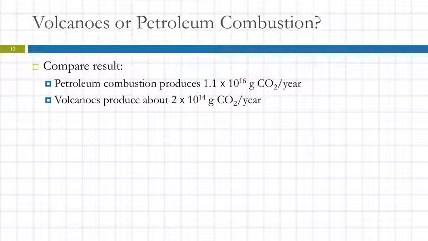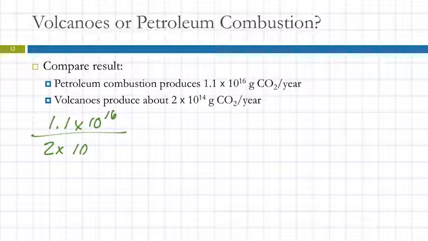Well, the petroleum combustion is larger, right? So let's see how many times larger. 1.1 times 10 to the 16th grams divided by 2 times 10 to the 14th grams. 55.